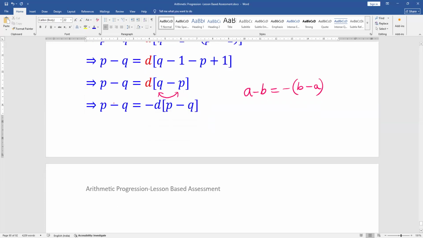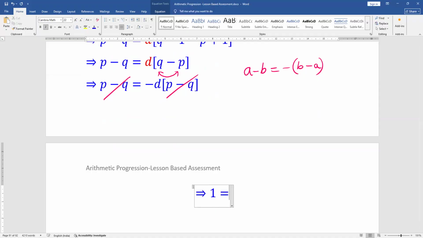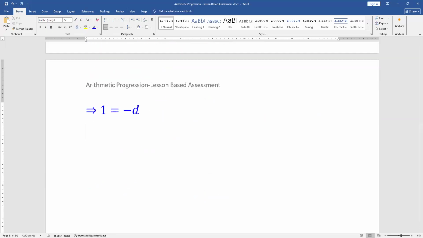Now P minus Q gets cancelled. So what do we get? On the left-hand side you get 1 equals minus D, right? That means you can interchange the signs here, so I can write D equals minus 1.